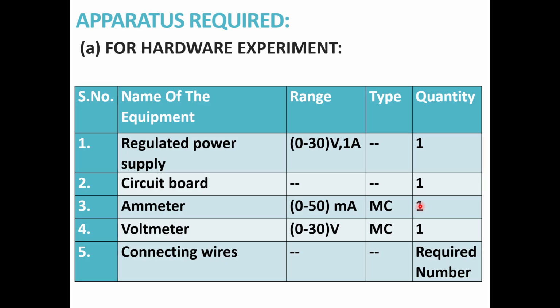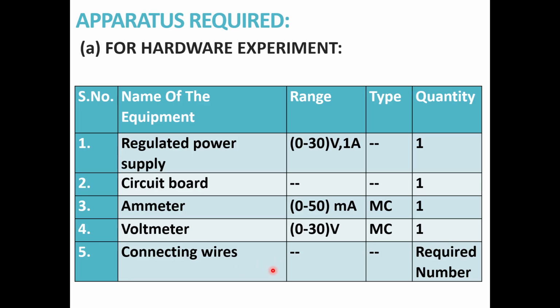So you just count those ammeters and mention that count here, or else you can write it as I am showing you here. A voltmeter of range 0 to 30 volts is required, type moving coil, MC, and quantity I have written only one. Depending on your circuit, you may require more than one voltmeter.